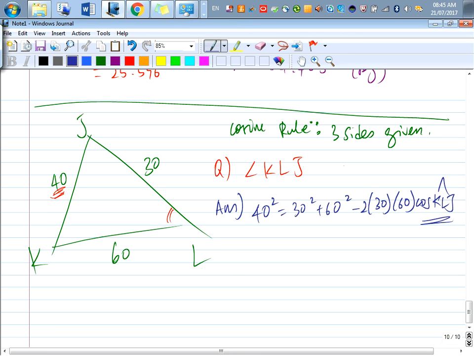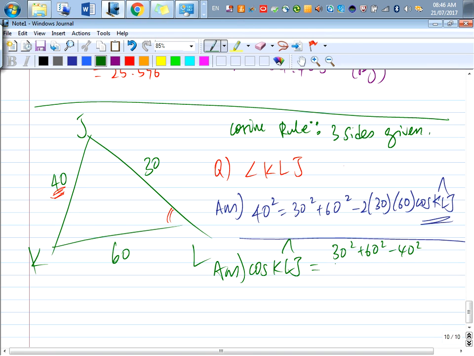Or some of you will choose to memorize the formula. Then you will go straight to cosine KLJ will be equal to, actually I didn't memorize the formula, so what will you have? Yeah, so both ways you will arrive at the same answer, okay? It just depends on how much you want to memorize only.